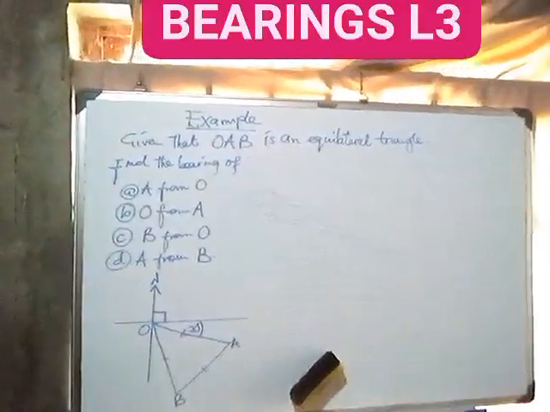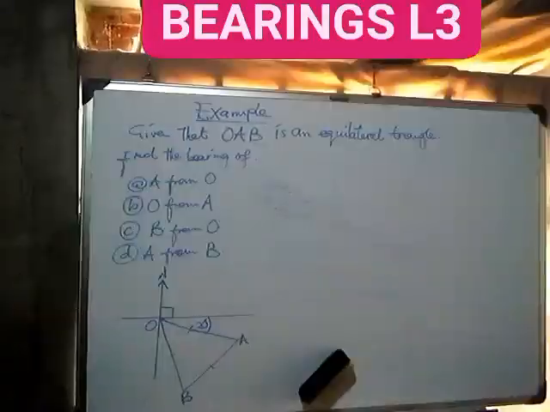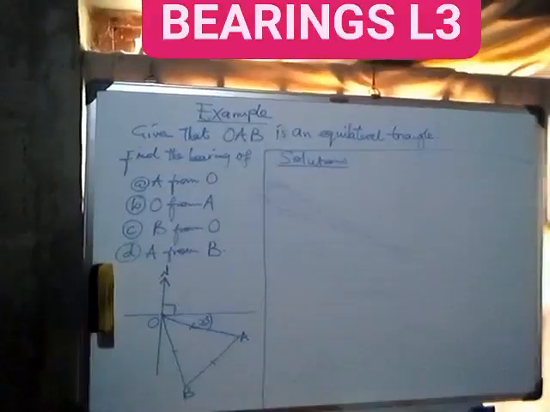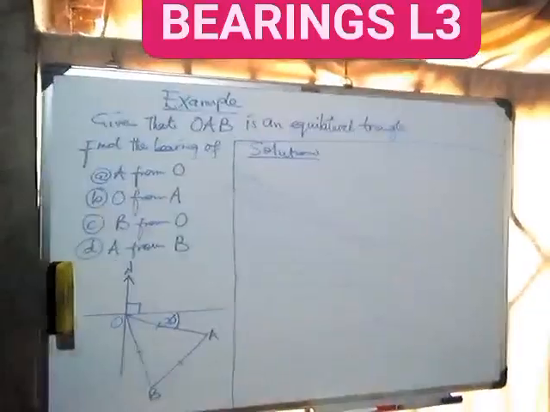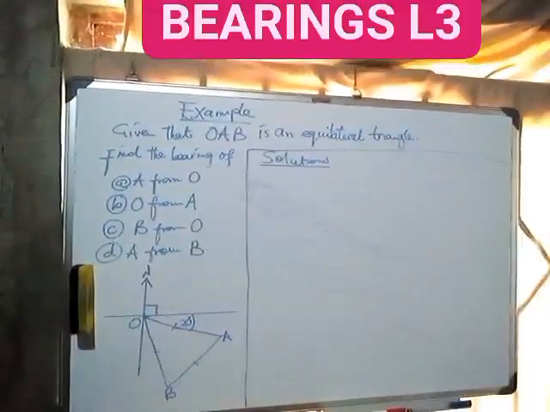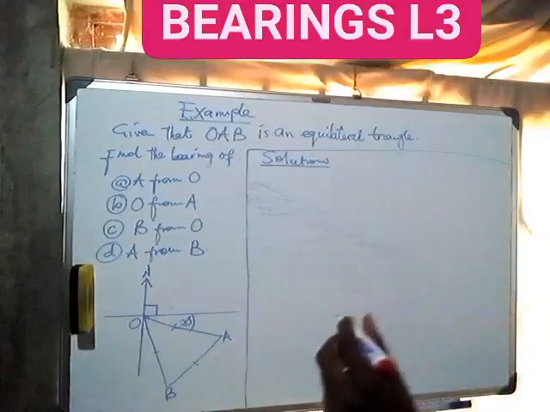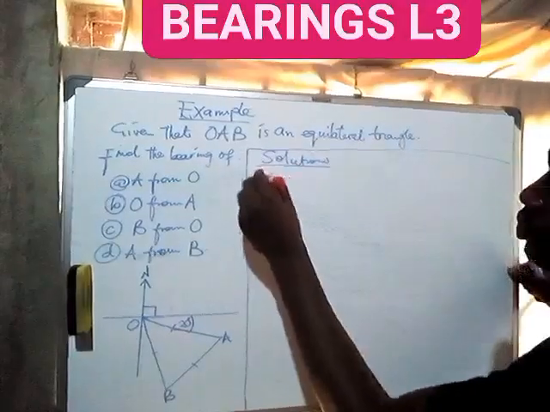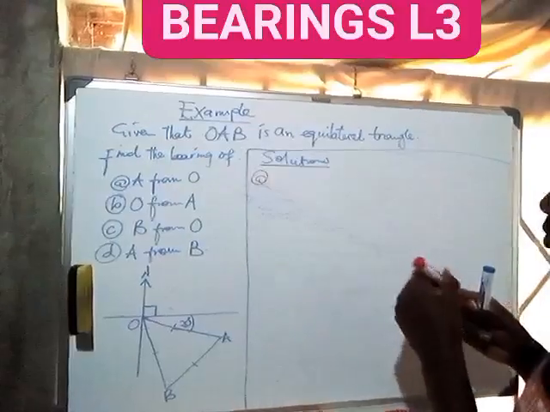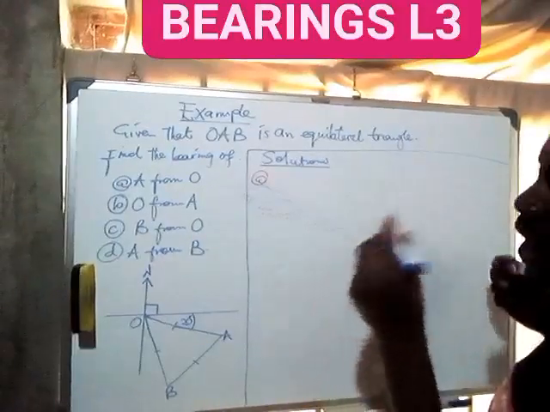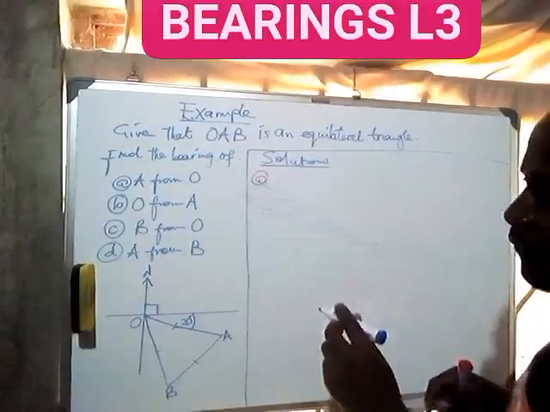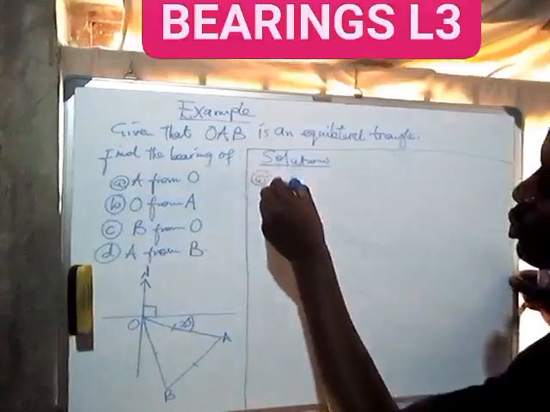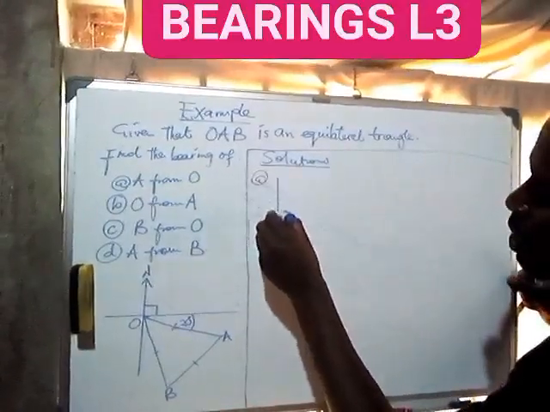So now we start by finding question number A. Question A says A from O. We are finding A from O. So we draw our O. Our O is here.